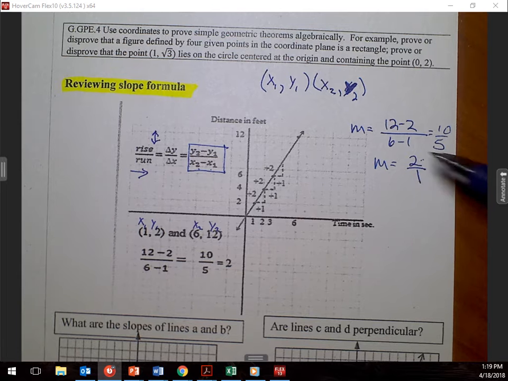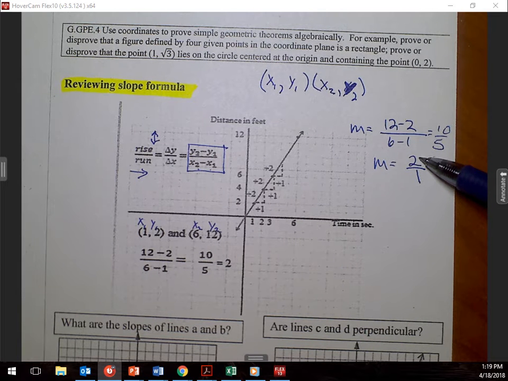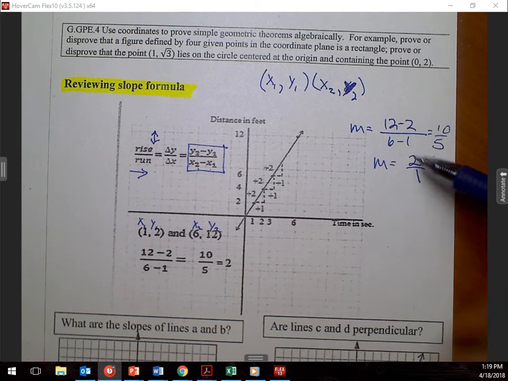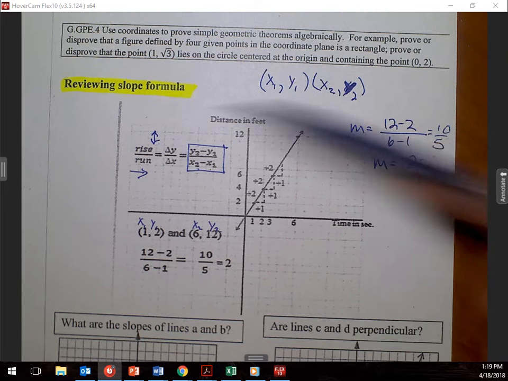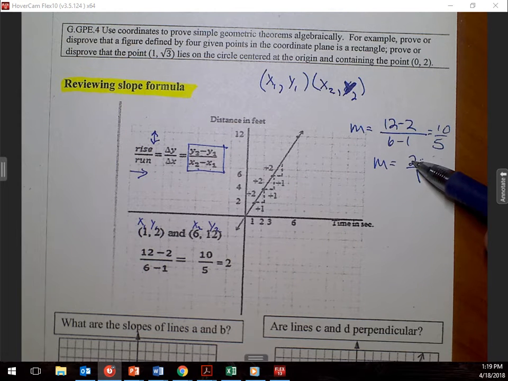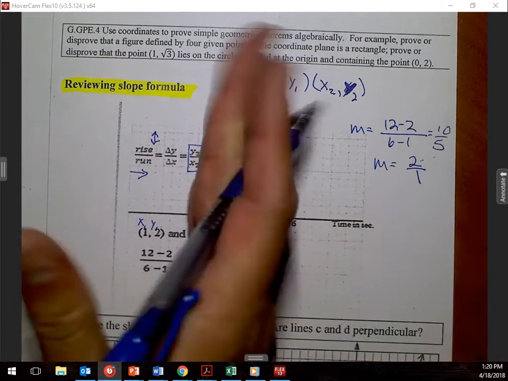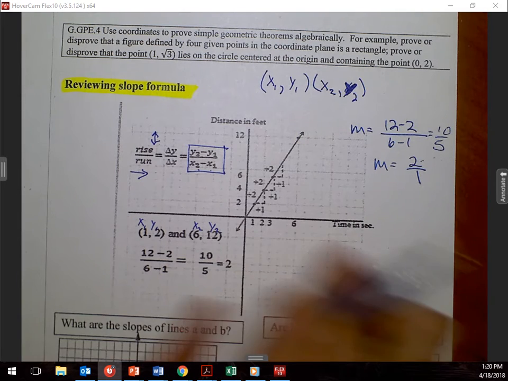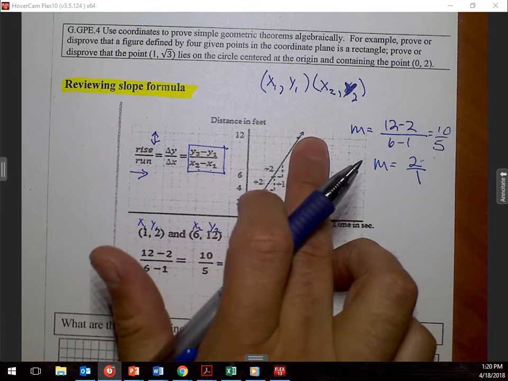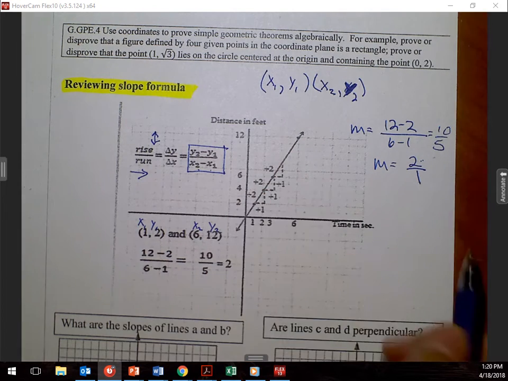What would it mean if it's negative? It goes down, but it would still be going to the right. This one is going up, so it has a positive slope of 2 over 1.